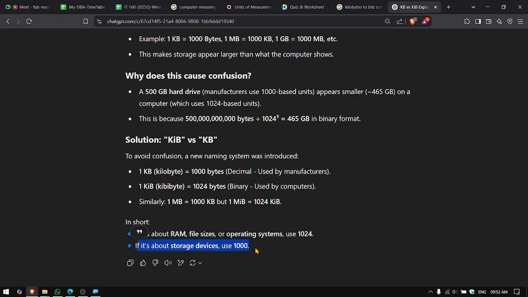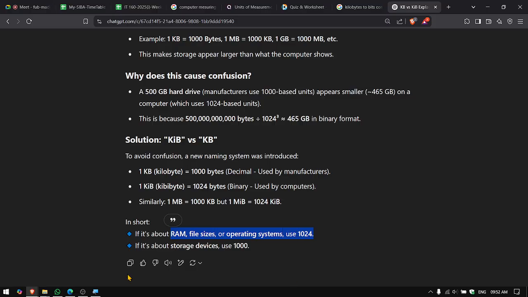See how things have evolved. This was invented because of a problem caused by the hard drive manufacturers, right?